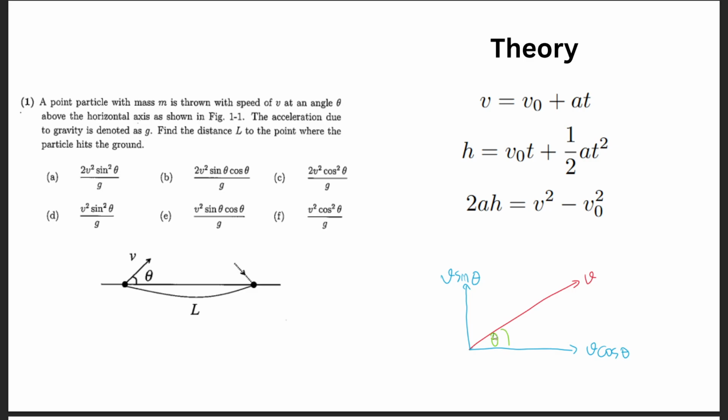When something is moving at an angle theta, the component that is adjacent to the angle is v cosine theta, and the one that is opposite of the angle is v sine theta.